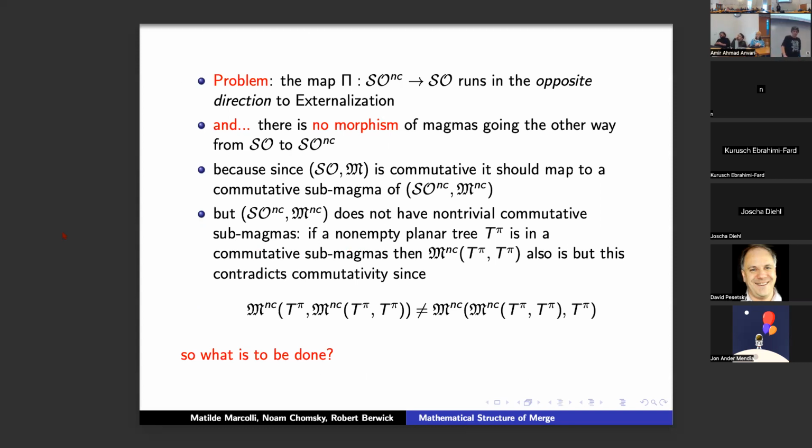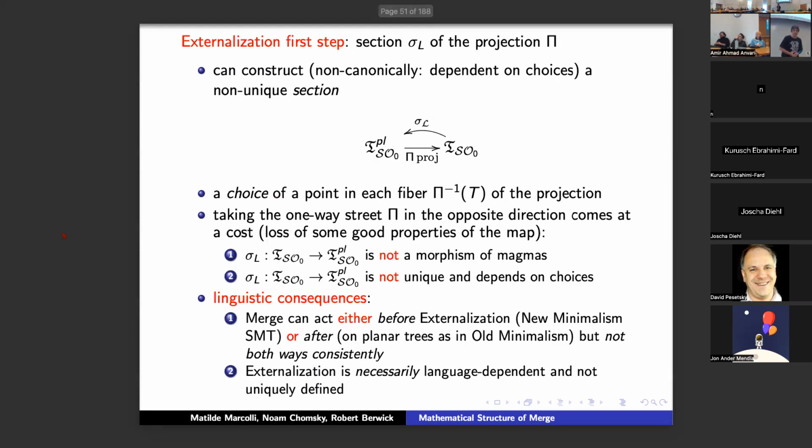Right? Well, the best thing that you can do is construct a section of this projection. What I mean by a section of this projection is a map of sets, not a map of magmas, from my commutative, so my abstract trees, to the planar trees, that when I compose it with the projection, it gives me the identity.